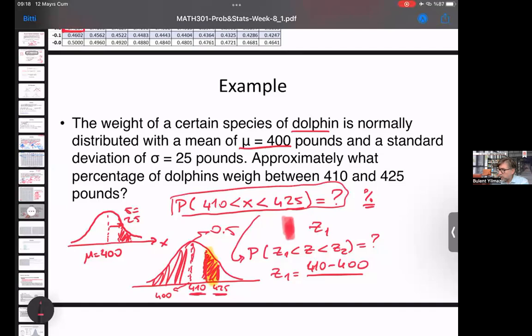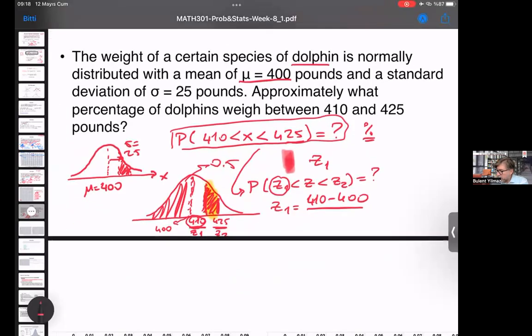Probability of Z1 less than Z less than Z2. So now I'm going to first find out the Z1. I'm going to convert this into Z1 and convert this into Z2. Then I'm going to have such a distribution, guys, okay? Now this is 0, and this is going to be Z1, and this is going to be Z2. I'm going to find out the area using these Z1 and Z2s, okay?